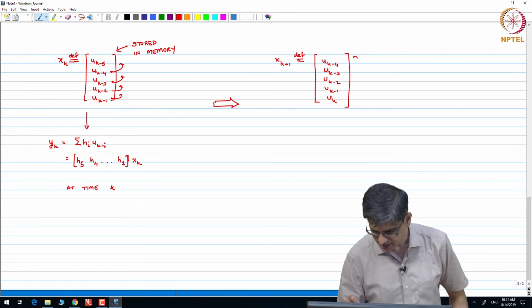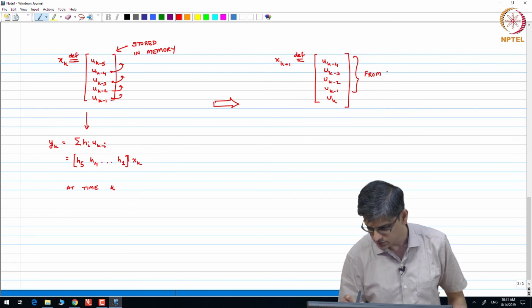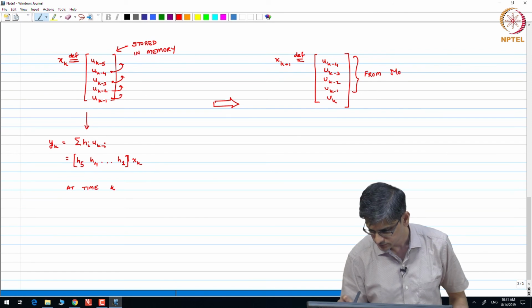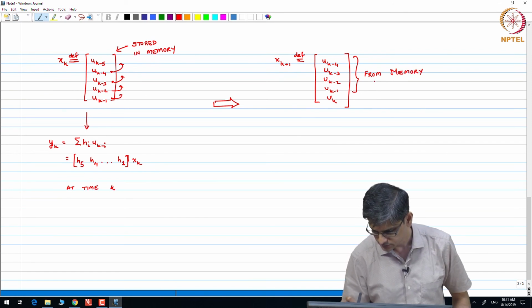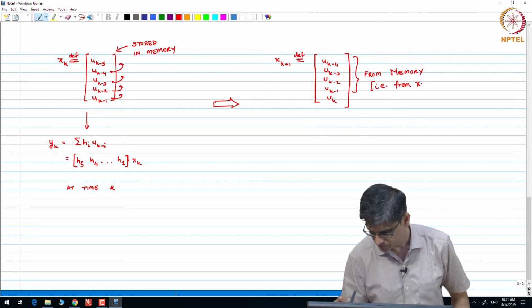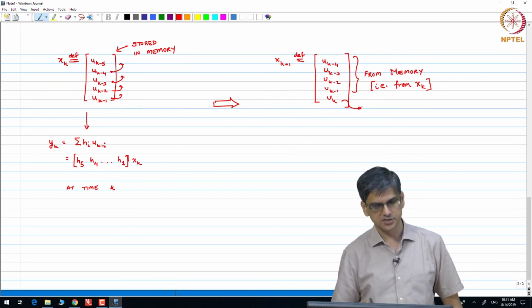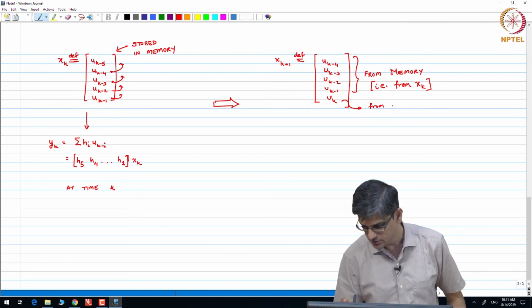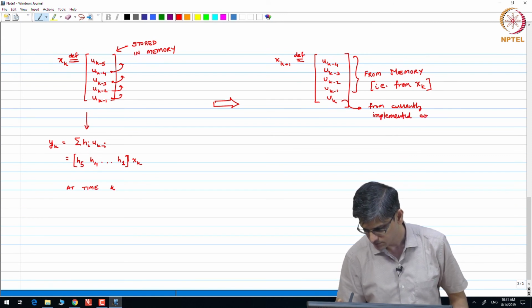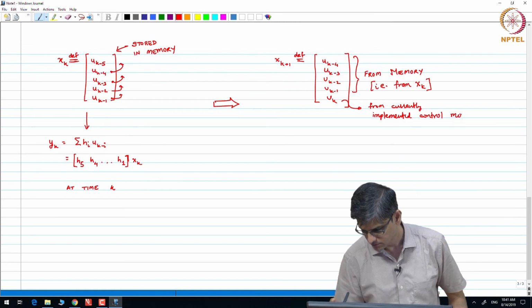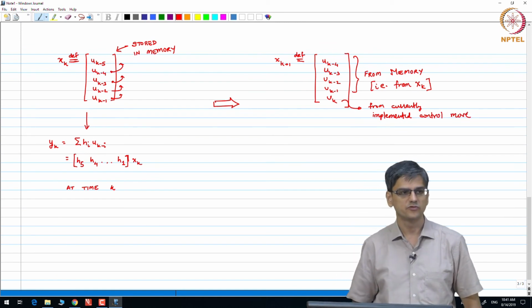So, xk plus 1 is going to take this information and this information is from the currently implemented control move.